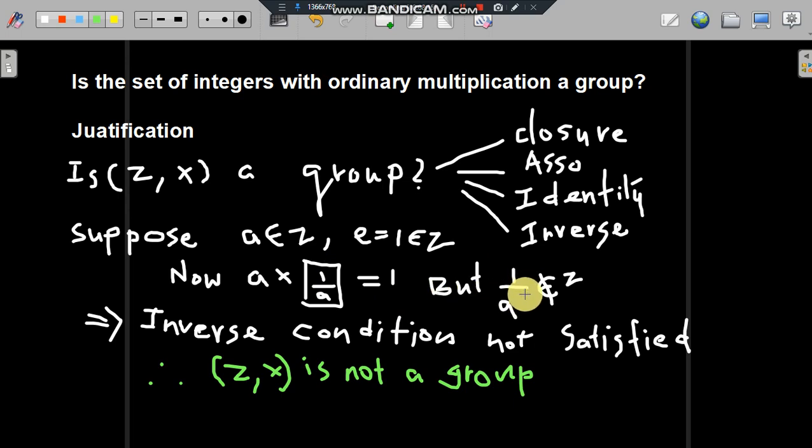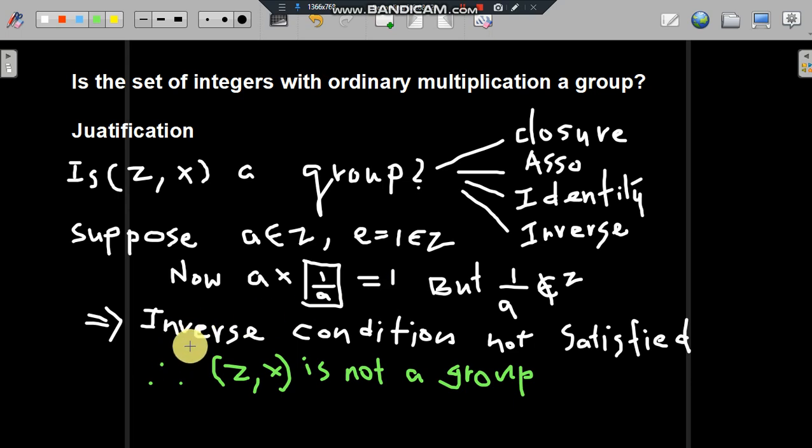but 1 by A does not belong to Z, because Z consists of all numbers 0, 1, 2, 3, 4 like that, and minus 1, minus 2, minus 3 like that. So this fractional number will not come in Z. Therefore we cannot find, for all A, a number such that multiplying with it gives an identity.